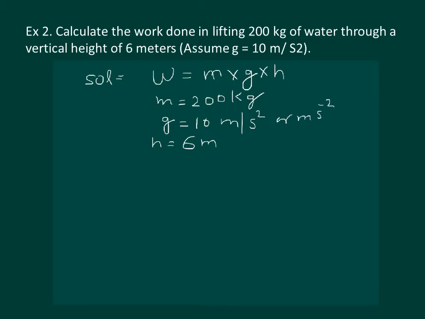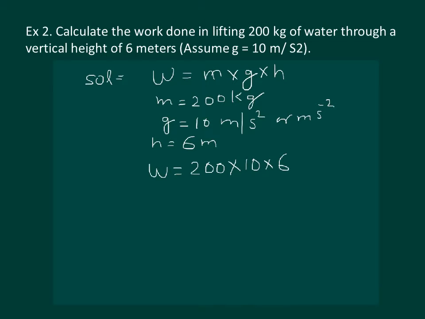Now putting these values in the formula. What is the formula? The formula is W equal to mgh. So W equal to m is 200 kg, g equal to 10 meter per second square, h equal to 6.